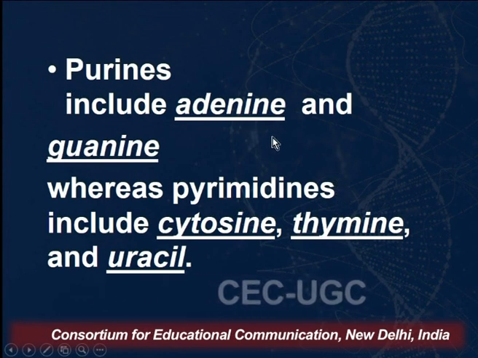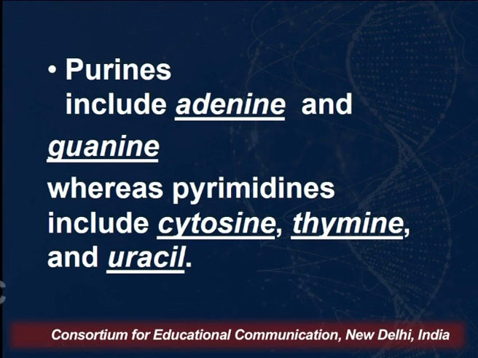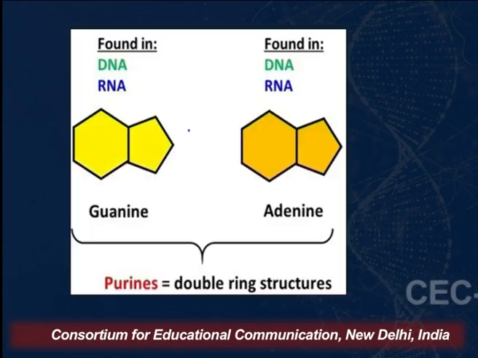Now we know that purines include adenine and guanine, whereas pyrimidines include cytosine, thymine and uracil. So again, here I've shown you the basic ring structures which are present in purines. And what we find is that in purines we have double ring structures.